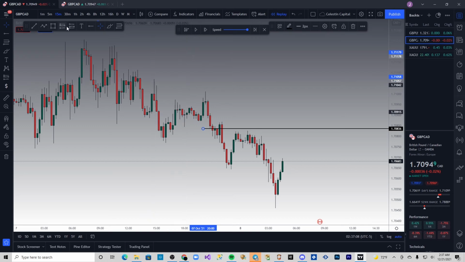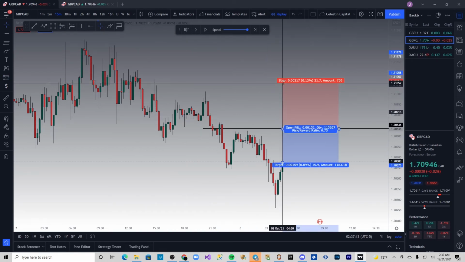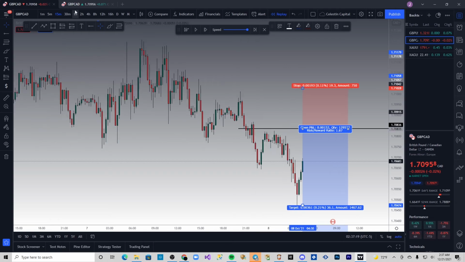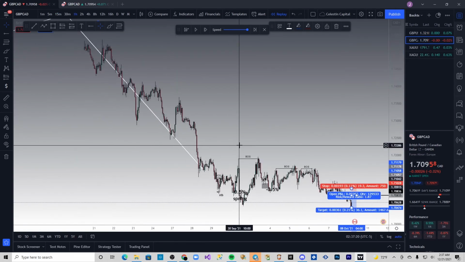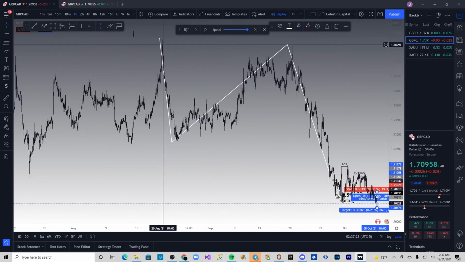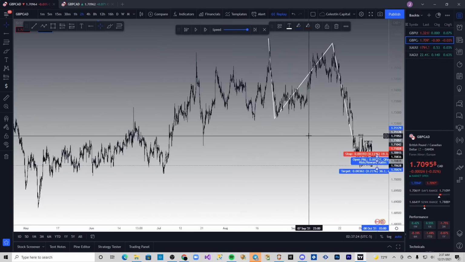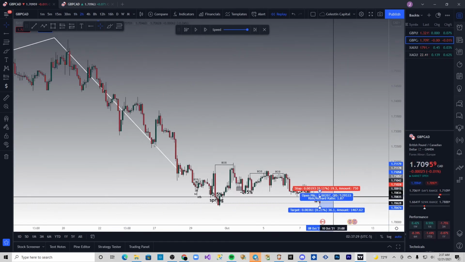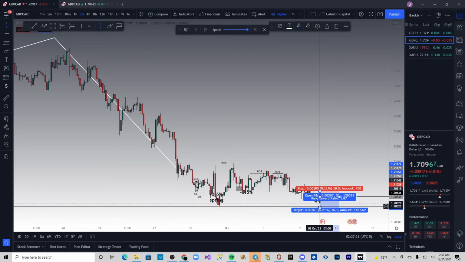It's pretty nice. So we're gonna go ahead and do something like this. Stops above the high. Make sure we account for spread. And the next area we want to look to target is this low right over here.